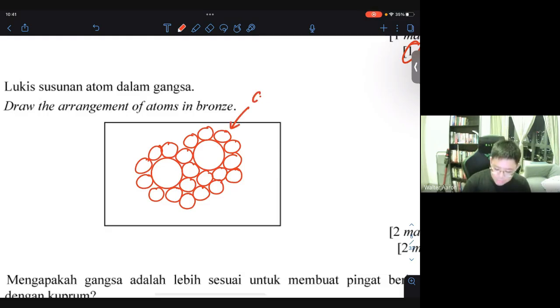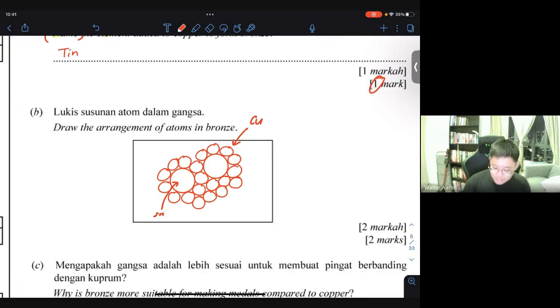So the smaller ones are copper, while the bigger one over here is the foreign atom, which is supposed to be your tin. The foreign atom should have a lesser amount compared to the main metal itself. So you should draw in this manner, and you should be able to get 2 marks in total.